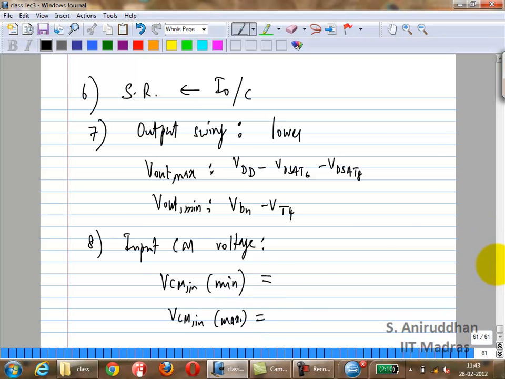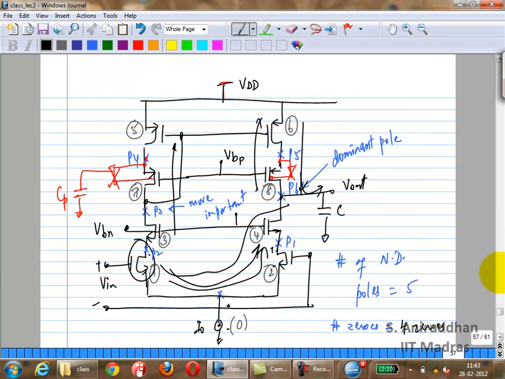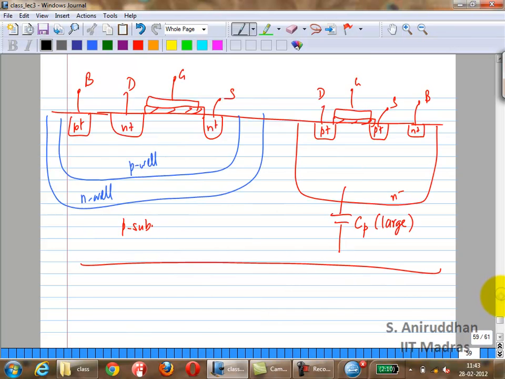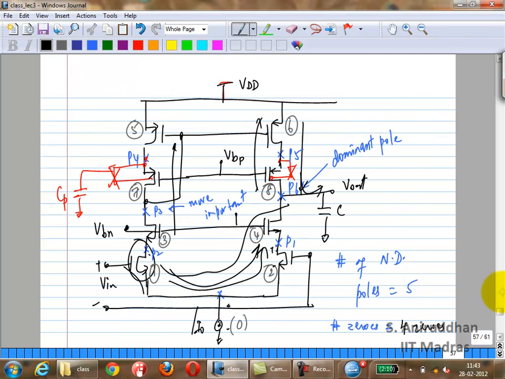What is the input common mode? What is the minimum value? VGS1 plus VDSAT0, right? That is very straightforward. What about the output common mode?